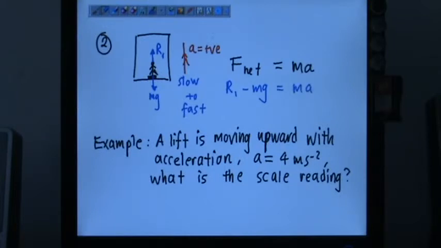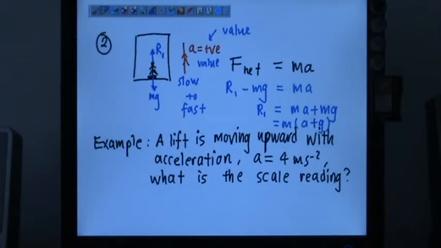A is a value, so we can't delete it. So what happened is we have R1 equals ma plus mg. Collectively I can factorize the m and write m times a plus g.